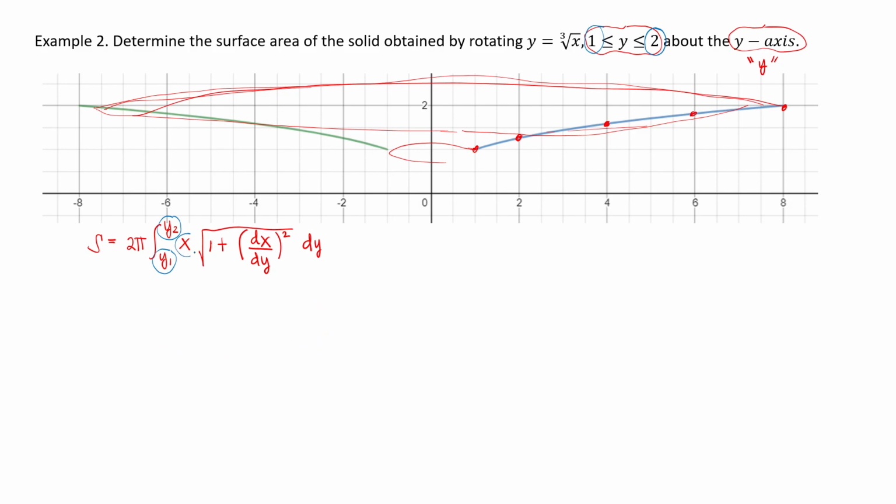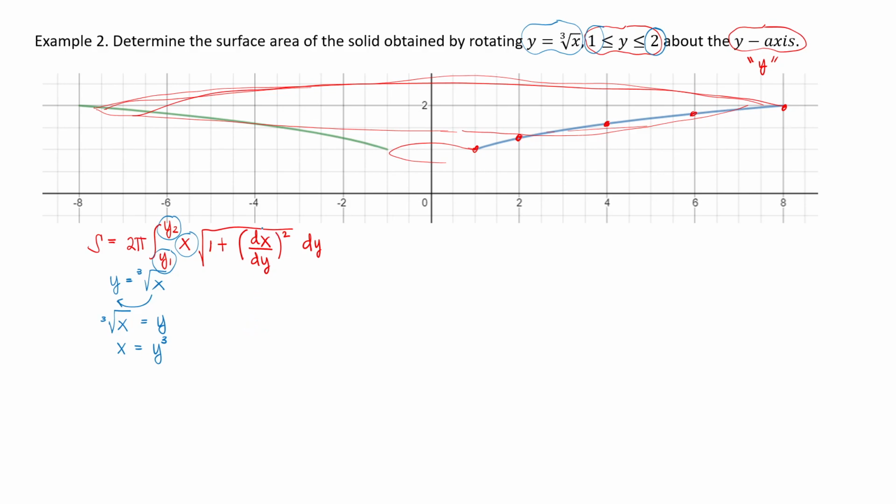Next is the x value. Since this one is y, we try to change it to x. y is equal to cube root of x. Rearranging to make x first, cube root of x is equal to y. Then cubing everything, x is equal to y cubed. So you now have the value of x.